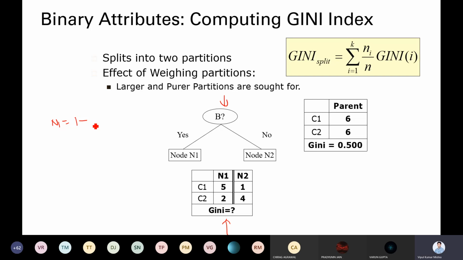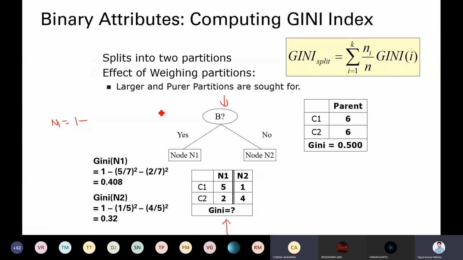Definitely 1 minus. Anyone computing or not? Okay, sir, this will be 1 minus 5 by 7 squared minus 2 by 7 squared. Similarly for this. Now what about the Gini impurity for B?